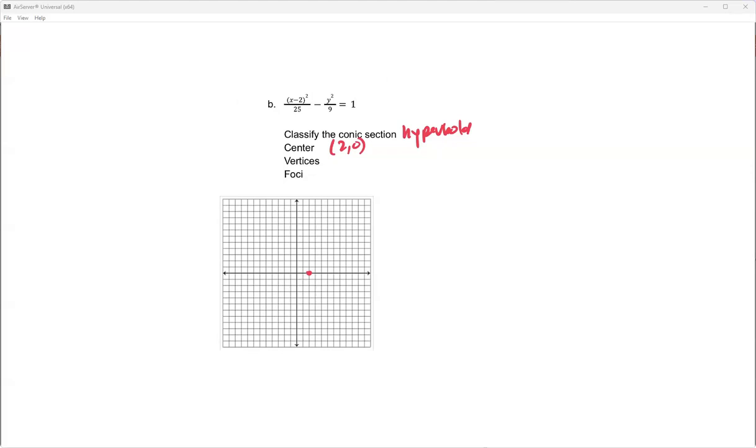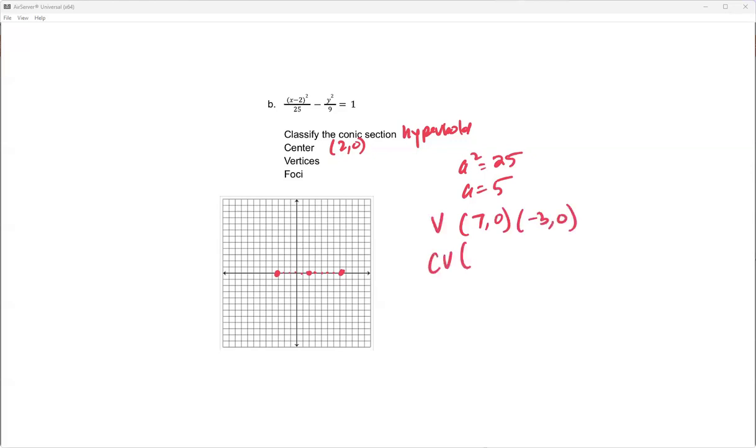Okay, and then what do we do from here? The 5, we go square root of 5 because a squared is equal to 25. So a is equal to 5. So you go 5 to the right. 1, 2, 3, 4, 5. 1, 2, 3, 4, 5. Okay, and the vertices there are what? 7, comma, 0 and -3, comma, 0.